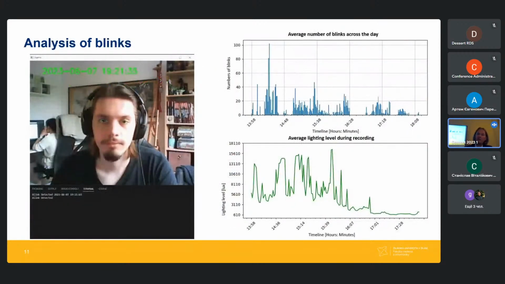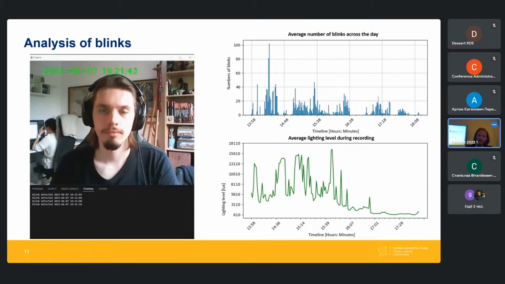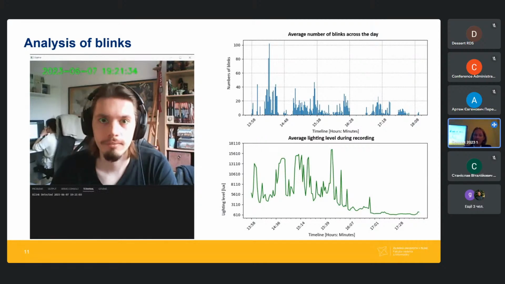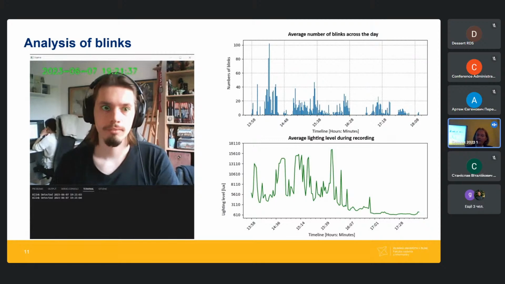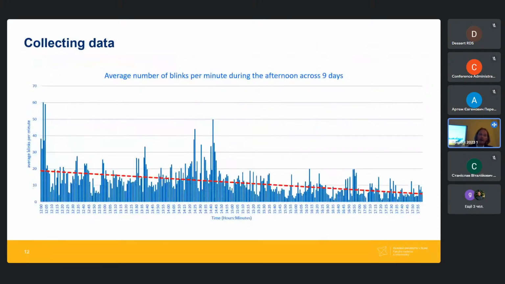This data, with the second module, can be analyzed to create these two graphs: the average number of blinks across the day and the average lighting level during the recordings. These are two values which can be analyzed in the future, and this is a full data set which can be collected with this system.